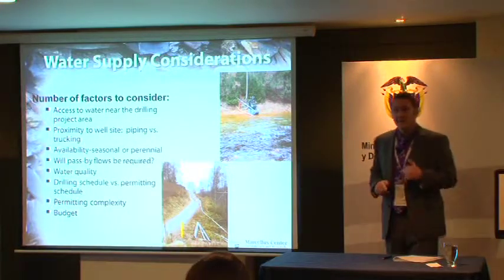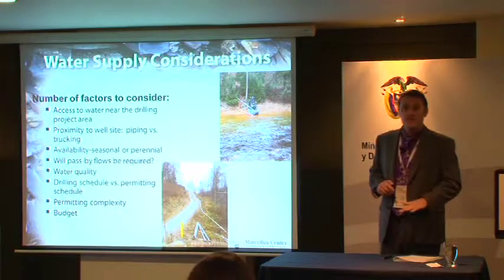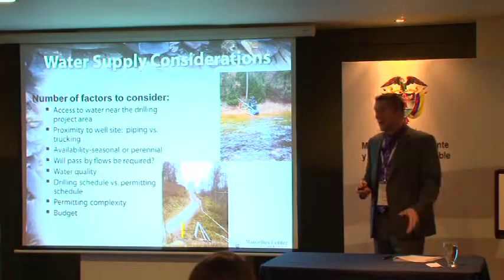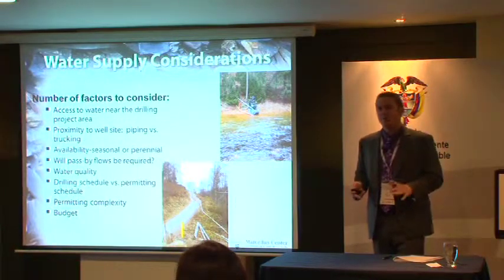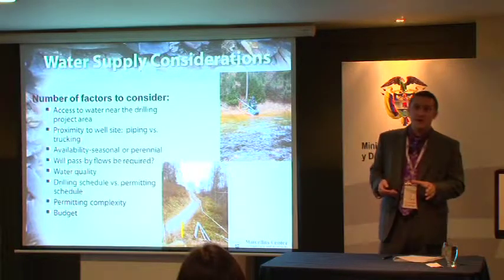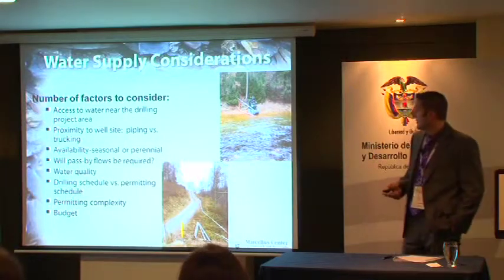It could have elevated levels of sulfates, and it could have low pH in the range of maybe 3 or 4 pH units. And so that water quality might not quite be compatible with hydraulic fracturing, and so it might require some treatment to condition the water for that purpose.